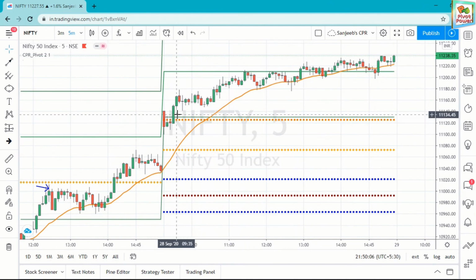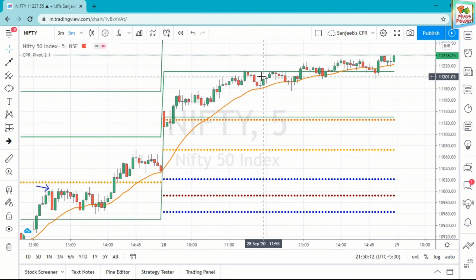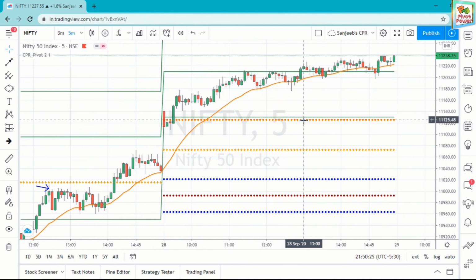Always take entry above this, and sell below the resistance, and take exit on the next resistance. This is the next resistance, and you can immediately exit at that point. This is the support and resistance strategy. Thank you guys.